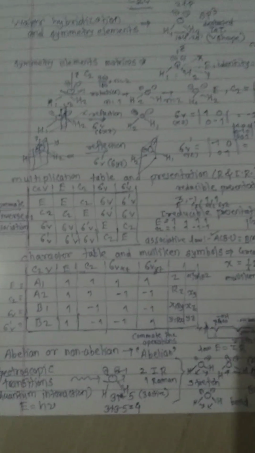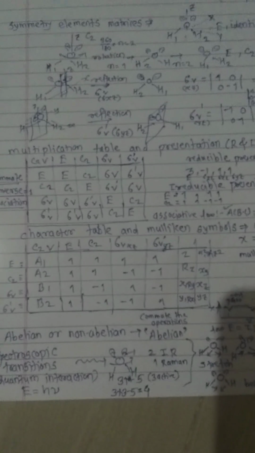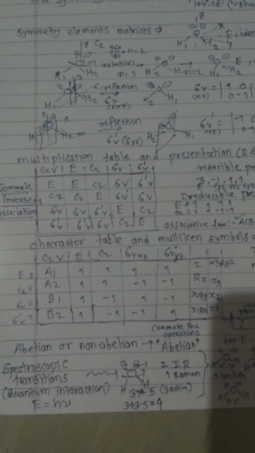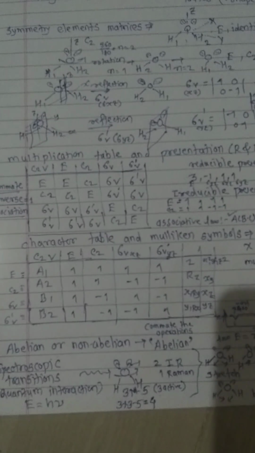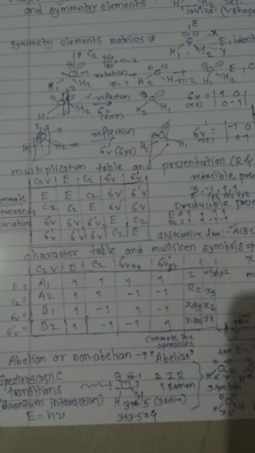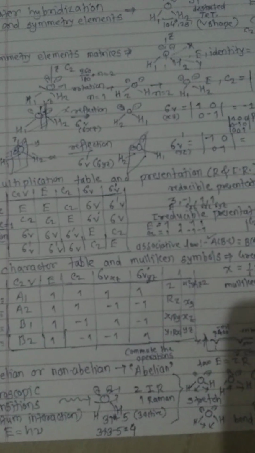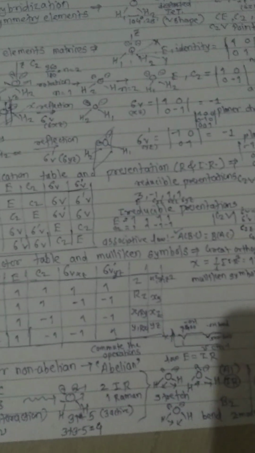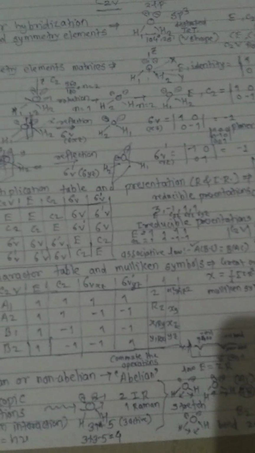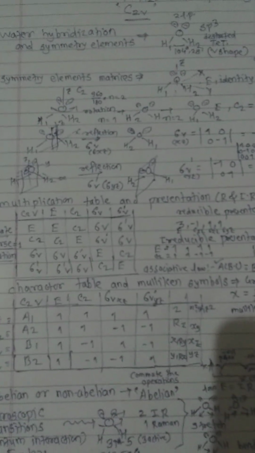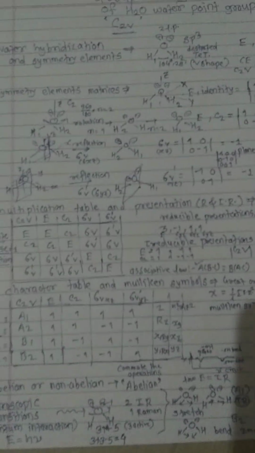Whether the water's point group is abelian or non-abelian, that we have to decide. Abelian point groups are those in which the operators, or the functions of the symmetry elements, commute, meaning that when two symmetry elements are performed we get the identity.